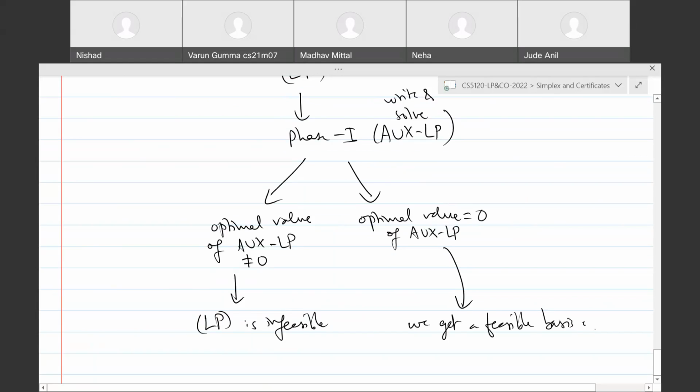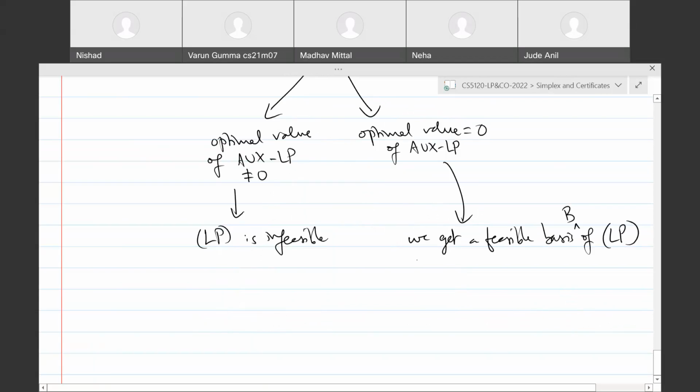Let's say the feasible basis is B. And we can also write a dictionary or canonical form, either using the proposition that we just proved or using some row operation tricks. Right? And write down a dictionary for this LP with respect to the feasible basis that we have found.